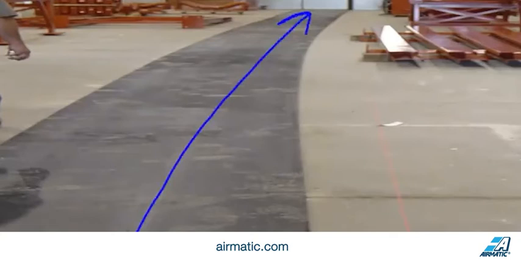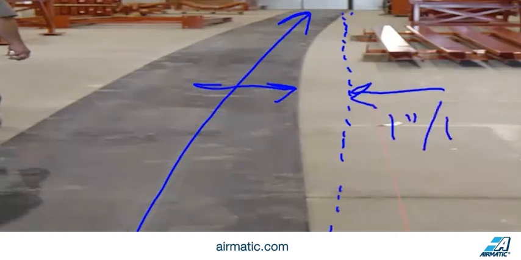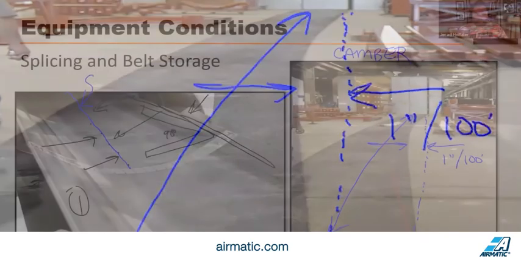So if you were to roll that belt out straight, you would want this line from edge to edge to not deviate more than about 1 inch per 100 feet. If that belt were to deviate more than 1 inch per 100 feet in length, that belt has camber.